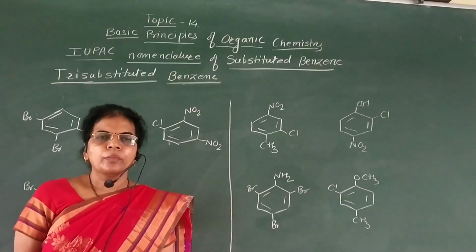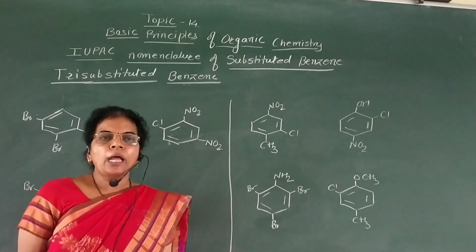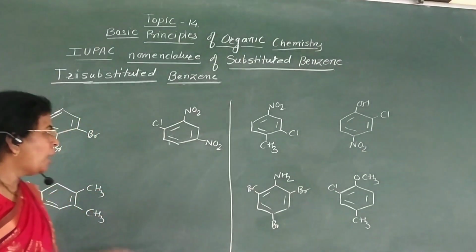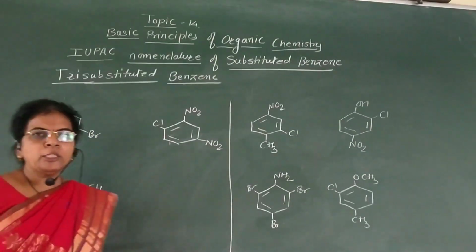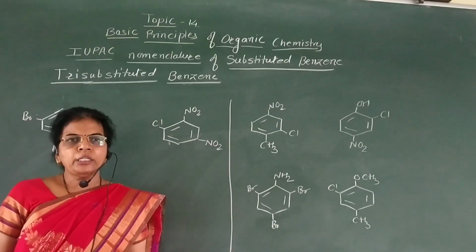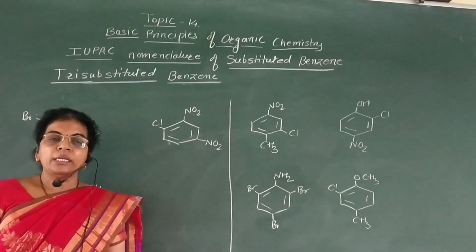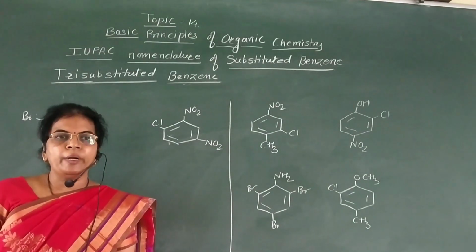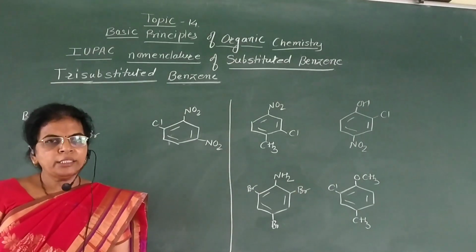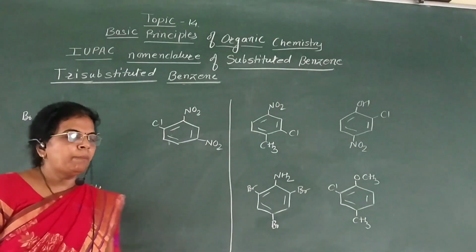Next point, we are going to see IUPAC nomenclature of trisubstituted benzene. In the case of trisubstituted benzene, the IUPAC names are given by giving numbering in alphabetical order. We are going to understand this by using some examples.